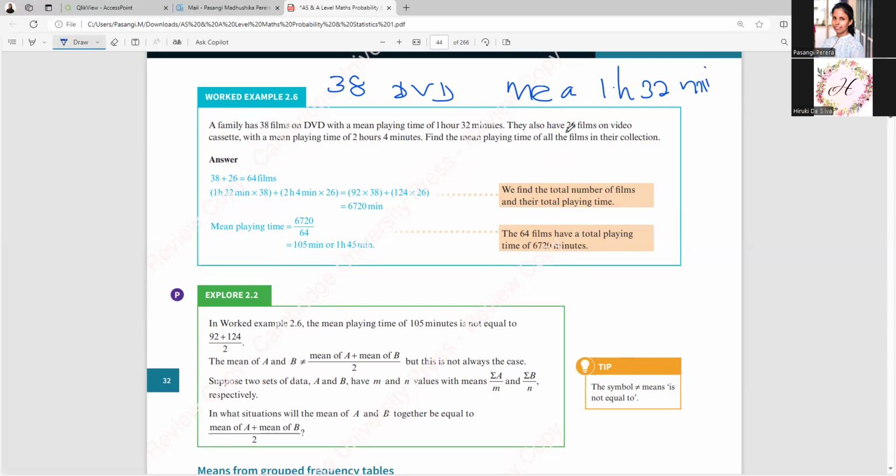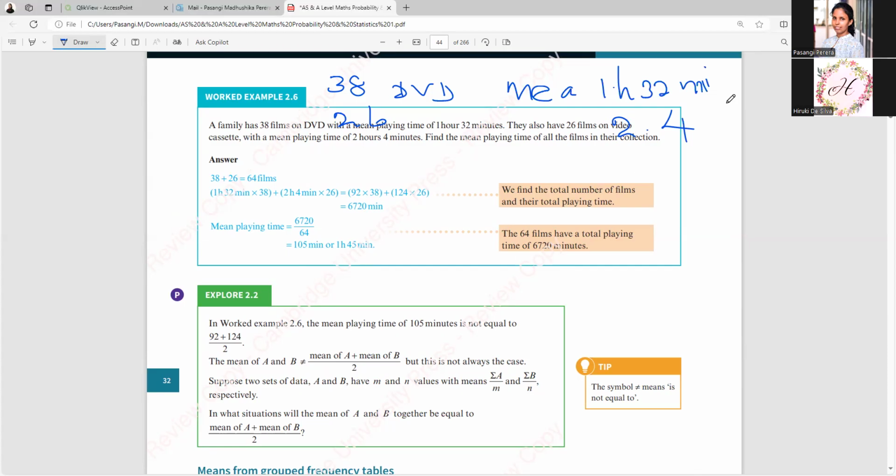So here they also have 26 films on video cassettes with a mean playing time of 2 hours and 4 minutes. Now they are saying find the mean playing time of all the films.